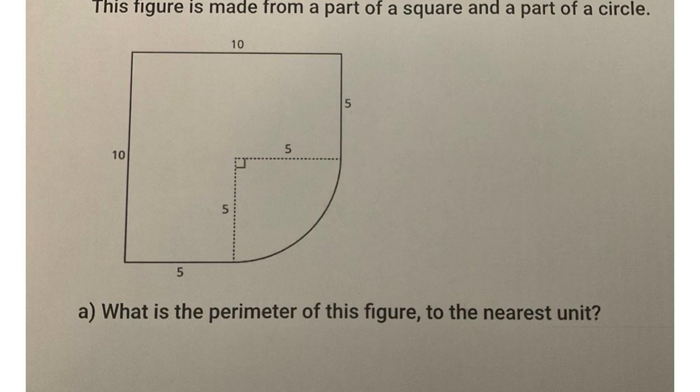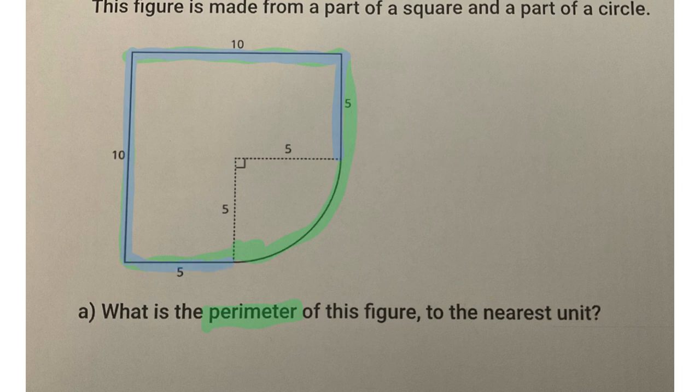Okay, this shape, I misread to a couple of you, so hopefully you're watching this. I'm sorry. But they actually just want us to find the perimeter, not the area, the perimeter. So to find the perimeter, that's just around the shape. There's some basic perimeters here, like this is 10, this is 10, this is 5, and that is 5.